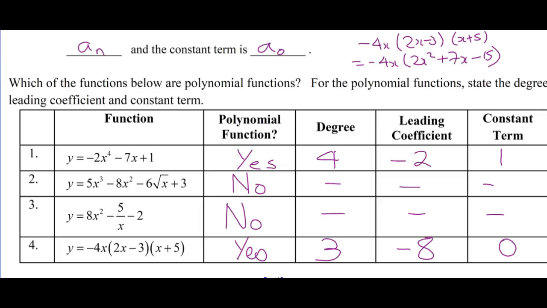So I'm going to end up with minus 60x. I will not have a constant term. It will be 0. Right? Each of these guys is going to get multiplied by negative 4x. They're all going to have, this will be the x cubed. This is negative 8x cubed. It's cubic, and it's got negative 8 as a leading coefficient. This will be plus 60x. And there's no constant term, so the constant term is 0. Okay? Make sense?